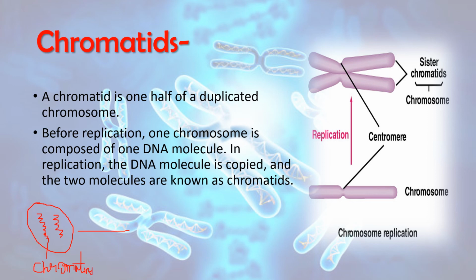During cell division, these chromatins get compacted again and form structures like this, a much more compacted version of chromatin.